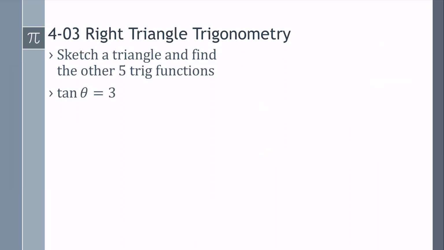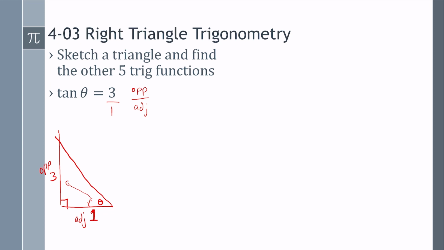All right, so sketch a right triangle and find the other 5 trig functions. All right, tangent is the opposite over the adjacent. So if I make it a fraction, it'd be 3 over 1. So the opposite would be 3, and the adjacent would be 1.